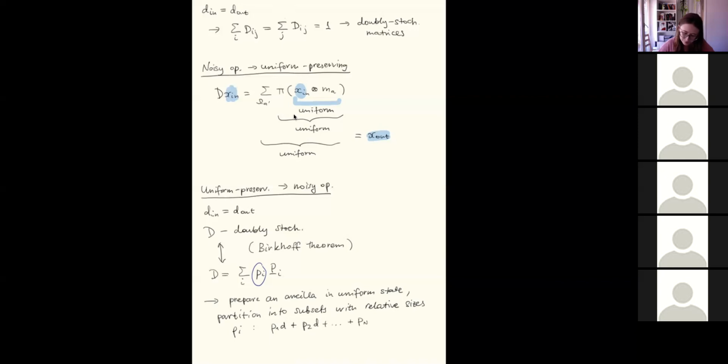However many there are in this probability distribution. So we partition it into these subsets, and then the operation that we apply is the following.